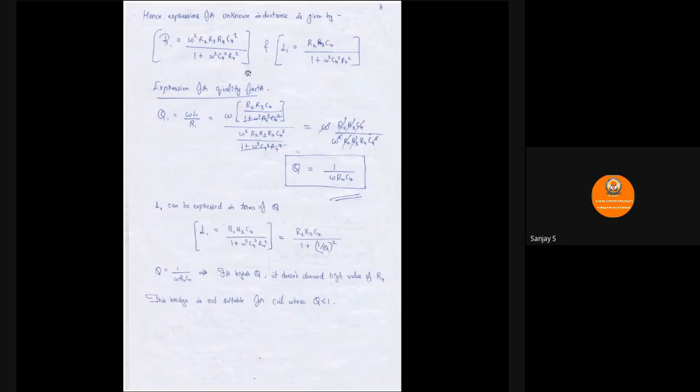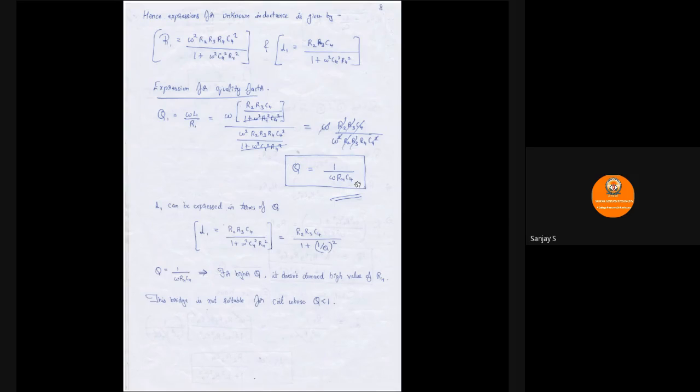Now, as usual, we find the expression for quality factor given by omega L1 by R1. So in place of L1, substitute R2 R3 C4 by 1 plus omega square C4 square R4 square, and in place of R1, substitute this expression. Simplify, we get quality factor Q is equal to 1 over omega R4 C4.